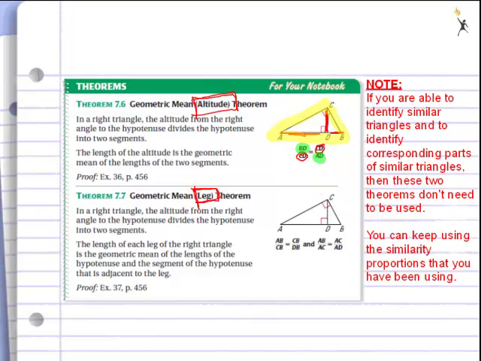And this is what I want you to see. Maybe this is easier for some of you. If I redraw these two smaller triangles, I'm given ADC, excuse me, and I'm given BDC.